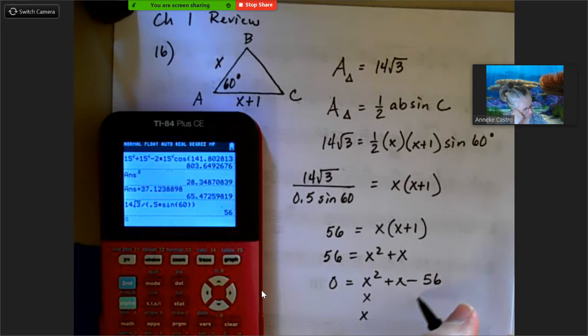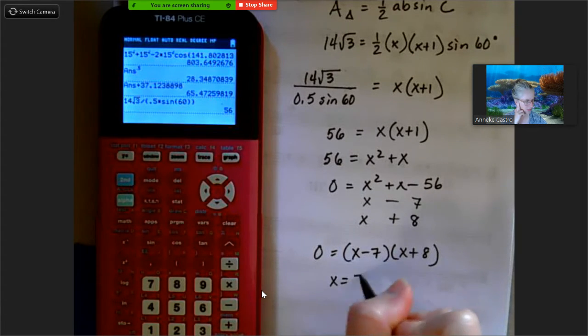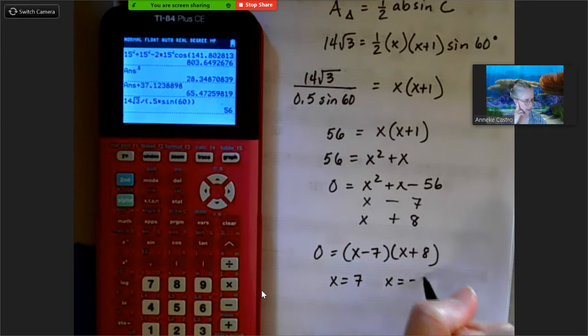I happen to know 7 times 8 is 56. In order to get a negative here, one of them has to be negative, and I want the smaller number to be negative, the bigger number positive. So if I factorize that, I get x minus 7 times x plus 8, and you could check that it multiplies back out to x squared plus x minus 56. Then if I solve this, I get x equals 7 and x equals negative 8.